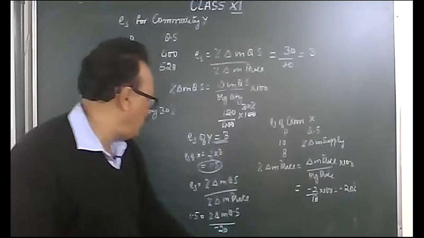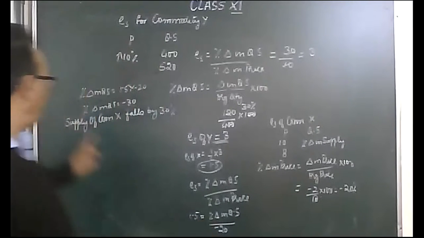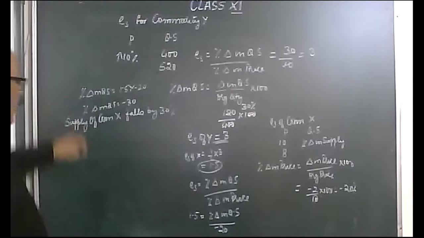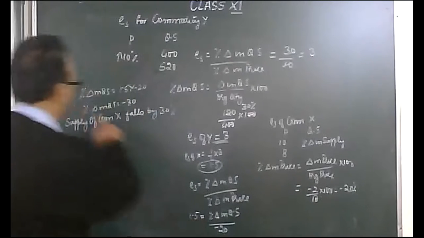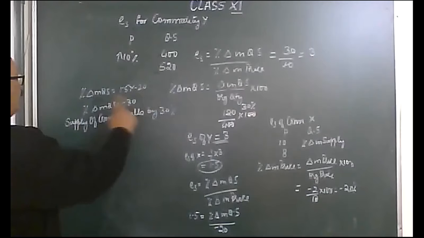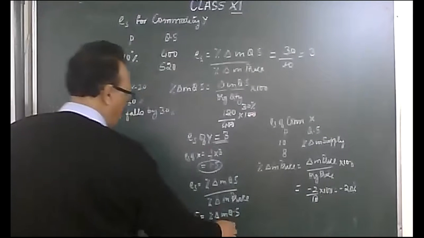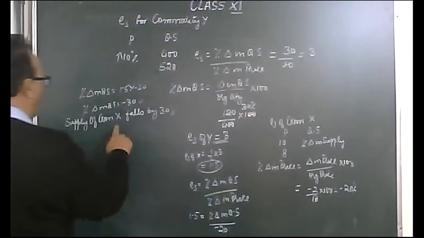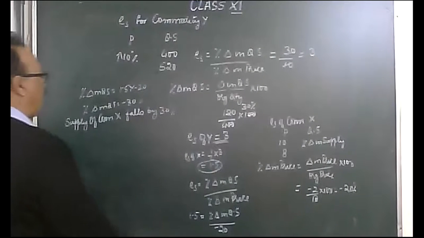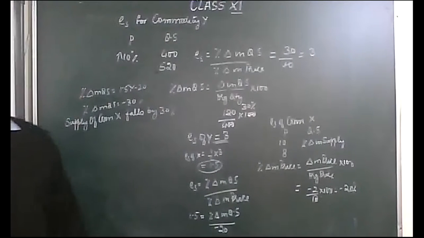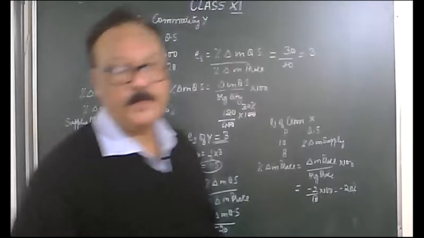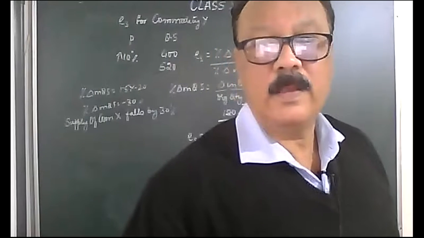Change in price we got minus 20. So change in percentage quantity is equal to, cross multiply, minus 30%. So supply of commodity X falls by 30%. I hope I am clear.